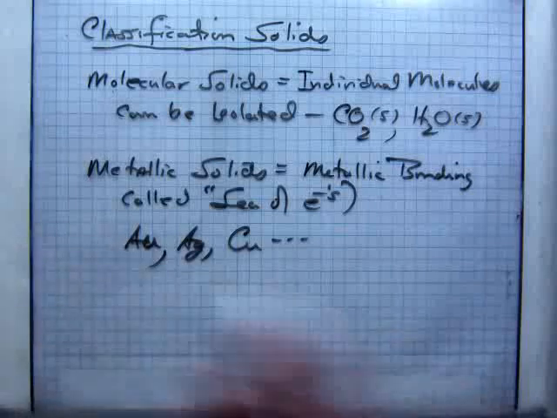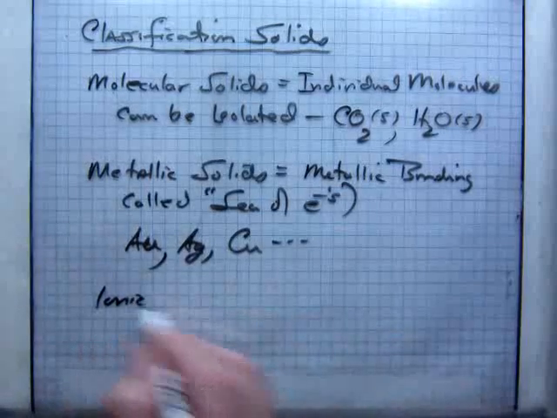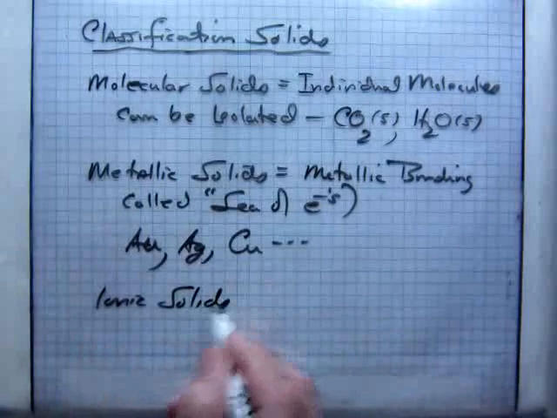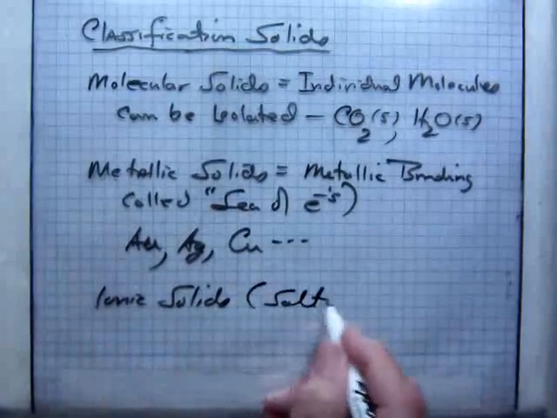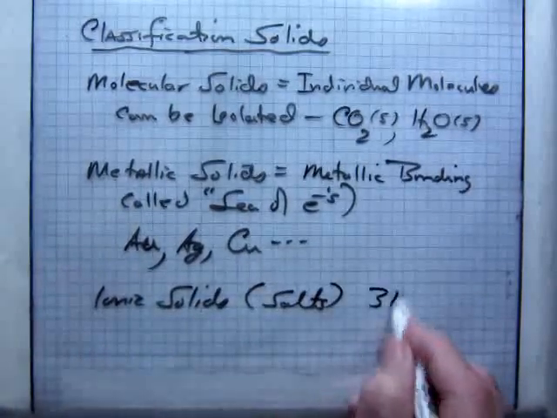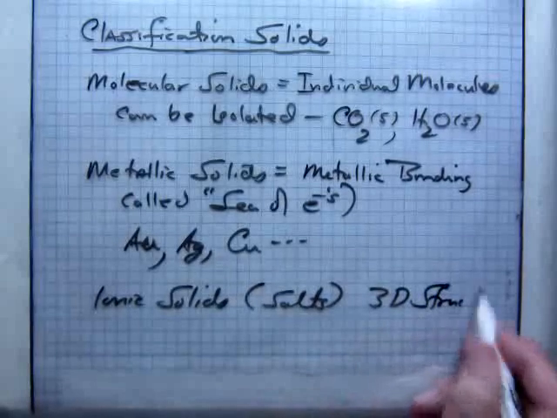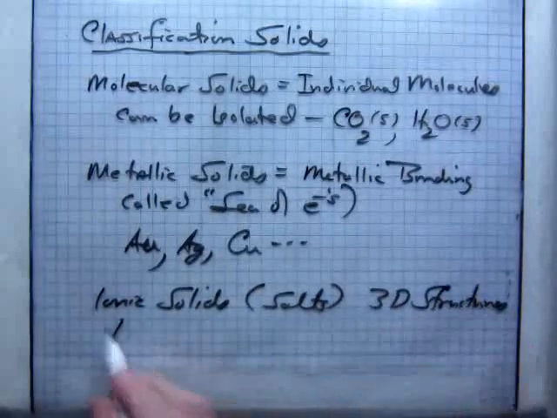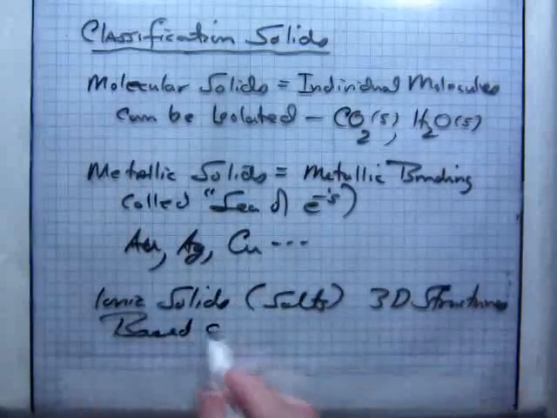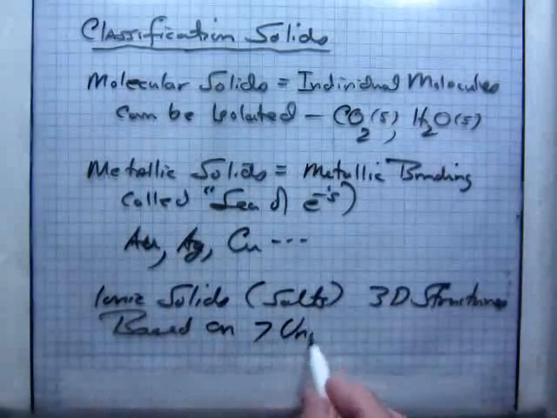Ionic solids, salts, are 3D structures based on 7 unit cells.